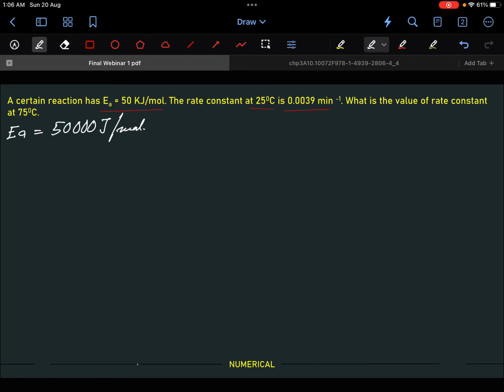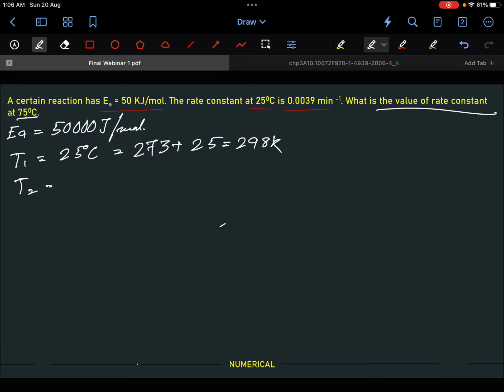Units are really important. And temperature at 25 degrees Celsius, that is T1 equal to 25 degrees Celsius, but we know that we have to convert the degree Celsius into Kelvin. So 273 plus 25 is equal to 298 Kelvin, right? And what is the value of the rate constant at 75 degrees?